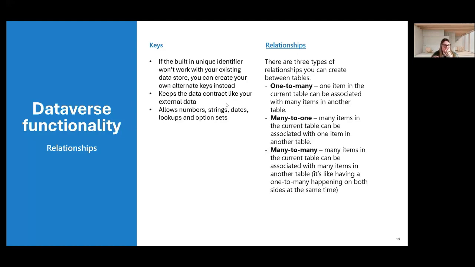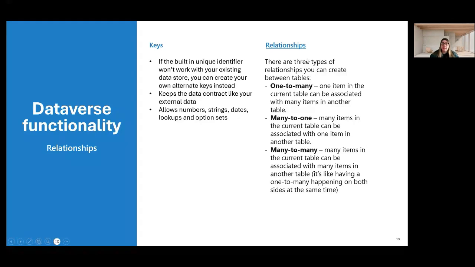Depending on whether you have a data integration, the key is just the main column there that will lead the rest of the record. You can set up keys and alternate keys as well. It's the same as a database, a key just to make sure you have this contract.